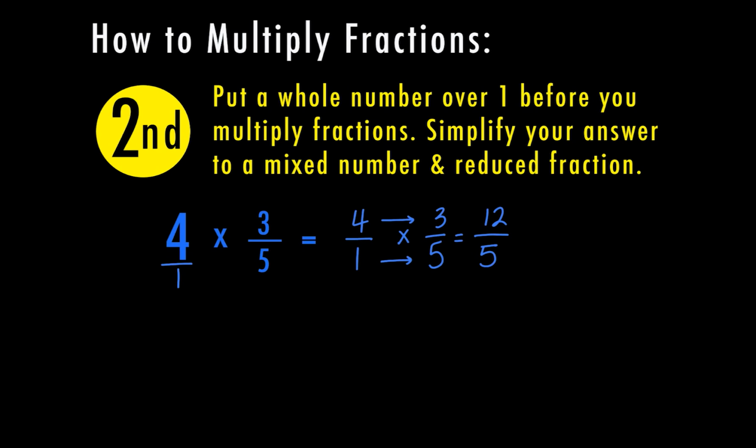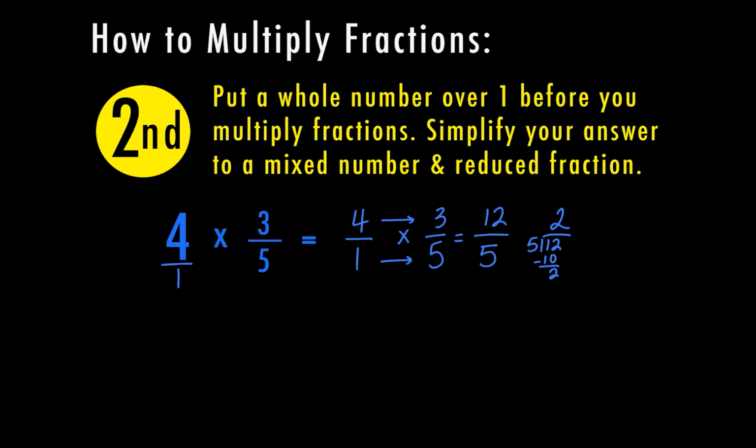So now we have to change this to a mixed number by dividing. Anytime we divide a fraction, the top number goes in the box. So I'm going to write it small here. 5 goes into 12 2 times. 2 times 5 is 10. My remainder is 2. Now I'm not dealing with decimals right now, so I don't want to add a decimal.